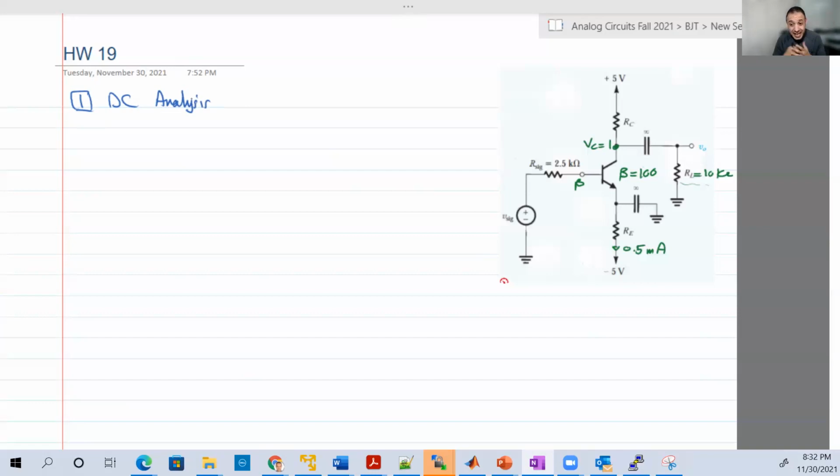In the DC analysis, we cancel, of course, all the AC sources, which is one source here, V signal, and we consider any capacitor as an open circuit. So the circuit will be reduced to the following. We have here -5, you have here a 5.